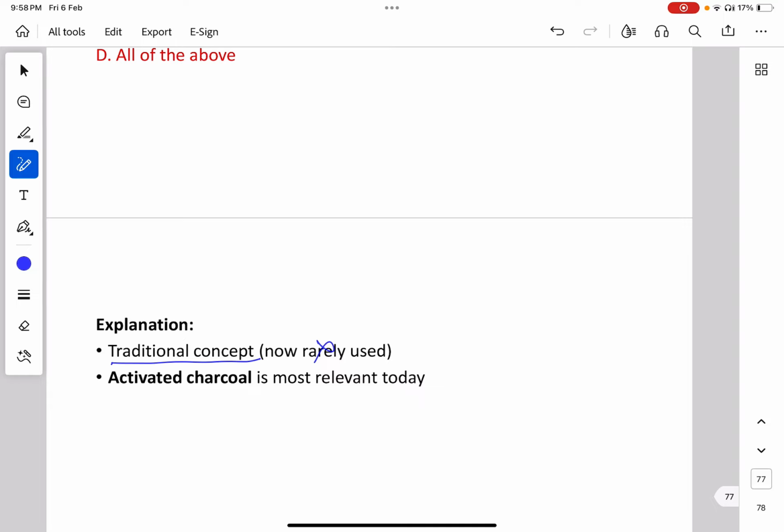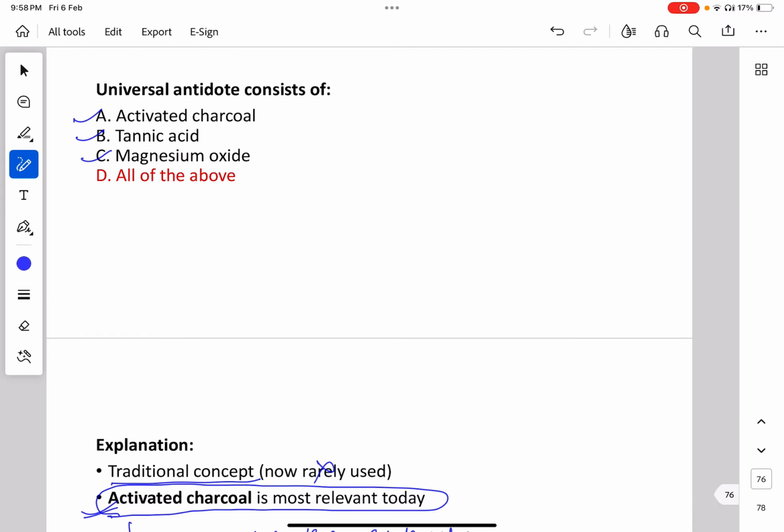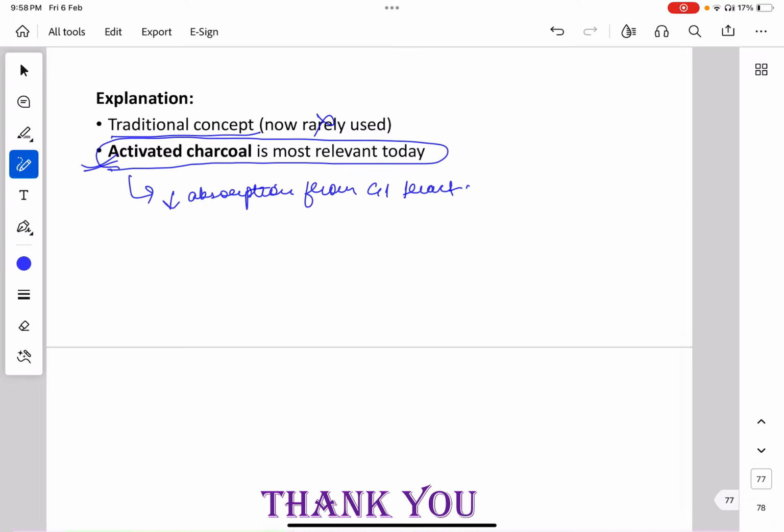But even today, if a patient presents with unknown poisoning and you want something to act as a universal antidote, then you can use activated charcoal because it decreases absorption of that particular poison from the GI tract. So activated charcoal is used as a universal antidote, but traditionally we should remember these three names: activated charcoal, tannic acid, and magnesium oxide.